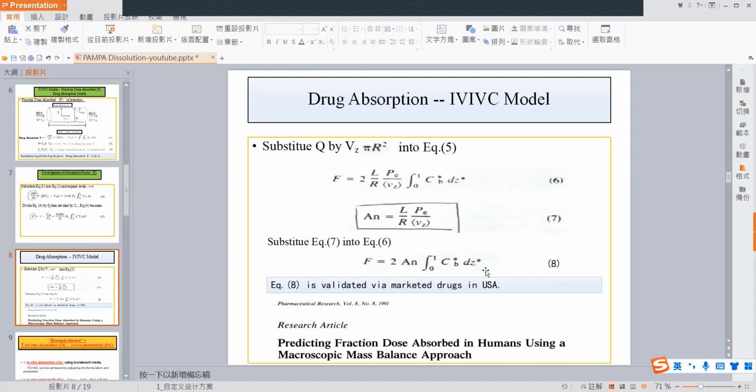So we know there is a simple relationship between y and x, and you can draw a line through, right? So equation A is validated via the marketed drugs in the United States. That means the whole derivation of the IVIVC model is really validated.